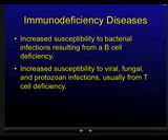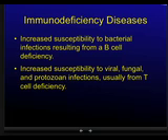An immunodeficiency disease results in an individual who does not have the capability to rid themselves of a foreign body or harmful substance. The severity can range from minor chronic infections to fatal conditions.